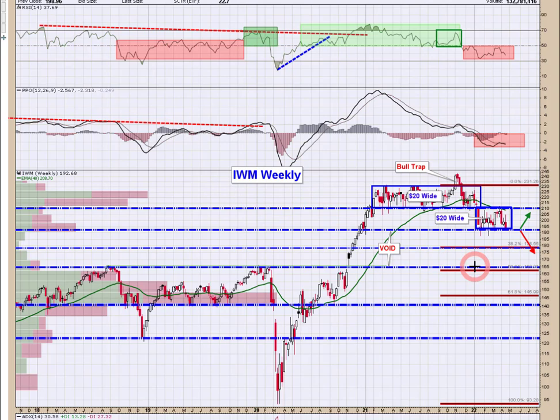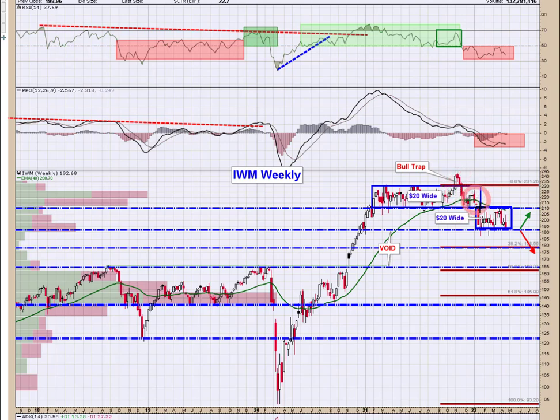IWM, we've said this has been bearish the whole way. It really hasn't broken down to a massive extent, but this has been below the 40-week for really all of 2022, and so we had a year-long consolidation between 210 and 230. We had the bull trap breakout. Whenever you have a bull trap or a false breakout and then have price return to the range, we've seen that quite a bit lately, then your target becomes the bottom of the box.